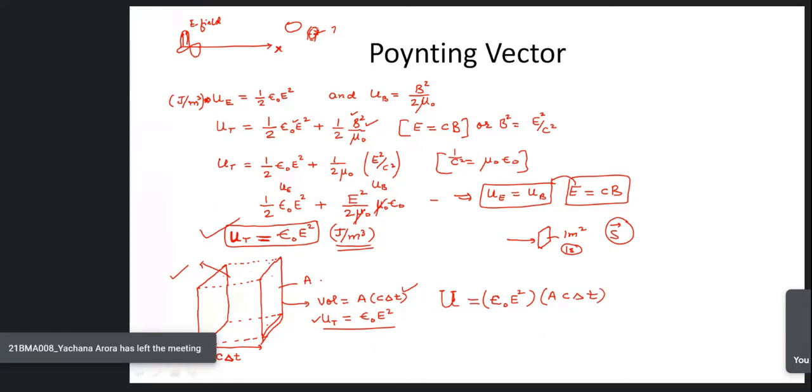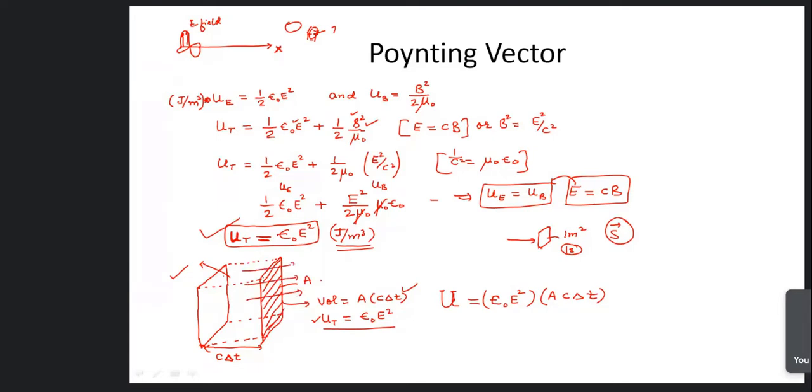This is the region in space we selected, or rather not a small region, we have selected a finite region in space. And in this region, what is the total energy due to the electromagnetic wave? It is given by this, and we are interested in the energy propagating through unit area in unit time. So this is the area through which the electromagnetic wave will propagate.